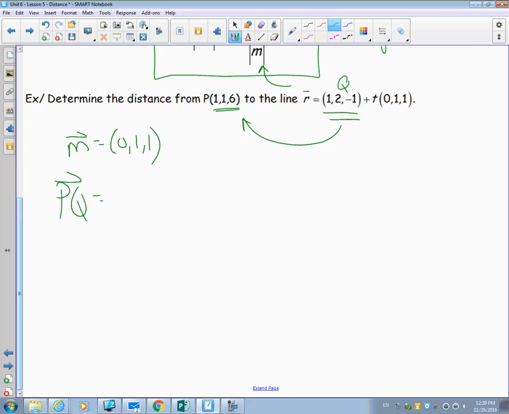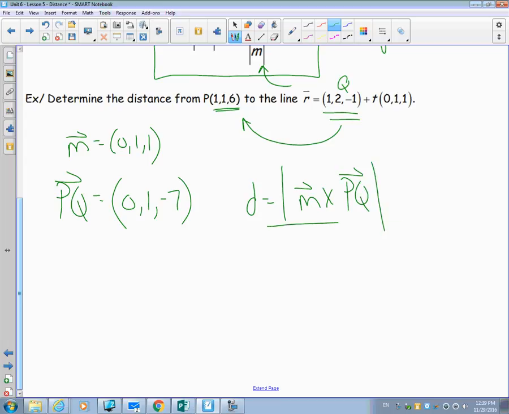You could also do QP, nothing wrong with that. Vector subtraction says I get 0, 1, negative 7. The way my distance is going to work is I'm going to take the cross product of M and PQ, and the order does not make a difference because you're taking the magnitude down the road anyways, over the magnitude of M.